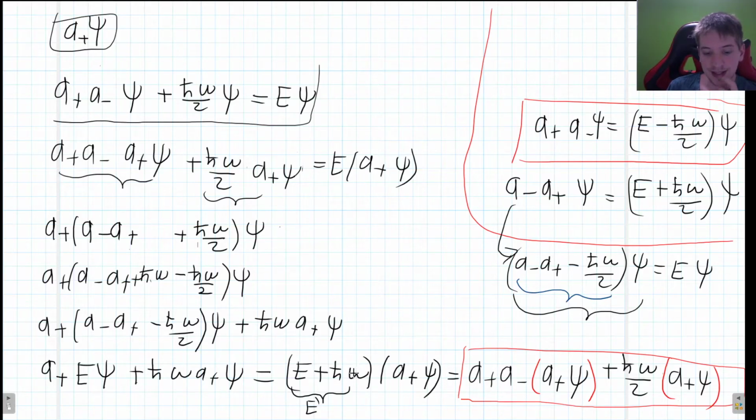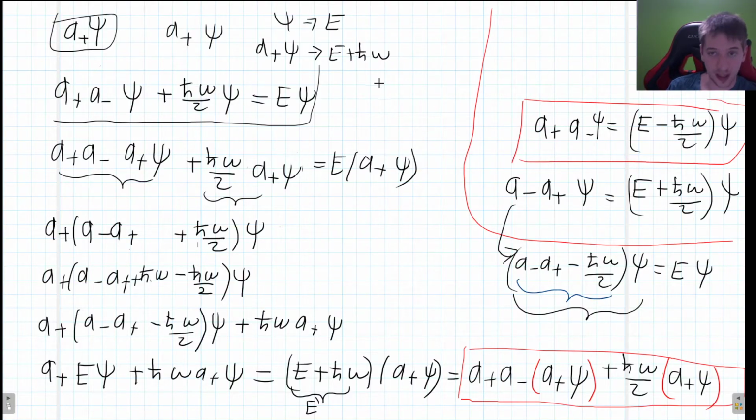So what this means is that this operator A plus raises the energy of the psi wave function. Okay, so psi had an energy E, and now the wave function A plus psi, whatever it is, we haven't seen it yet, has an energy E plus h bar times omega. So that is what we just saw here.